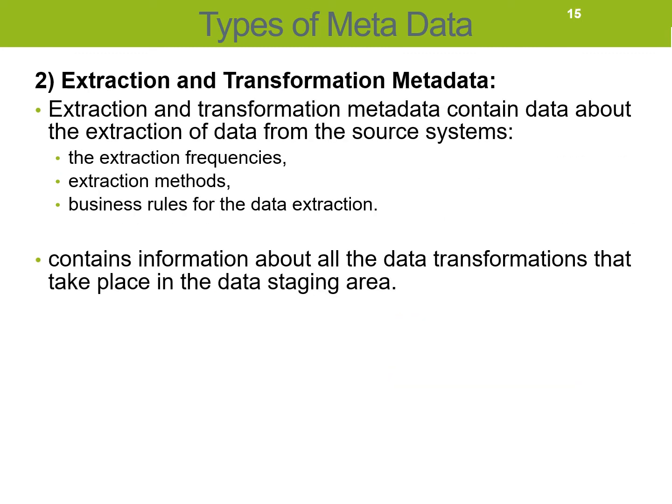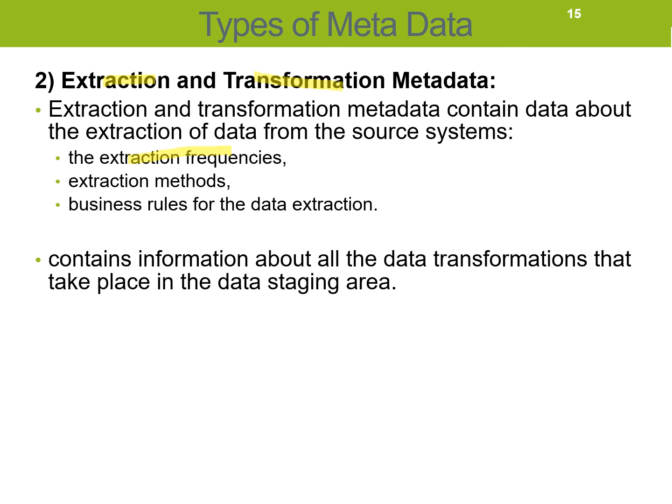Next, extraction and transformation metadata is the second type. Extraction and transformation metadata contains data about the extraction of data from the source systems. What is the extraction frequency from the source systems?